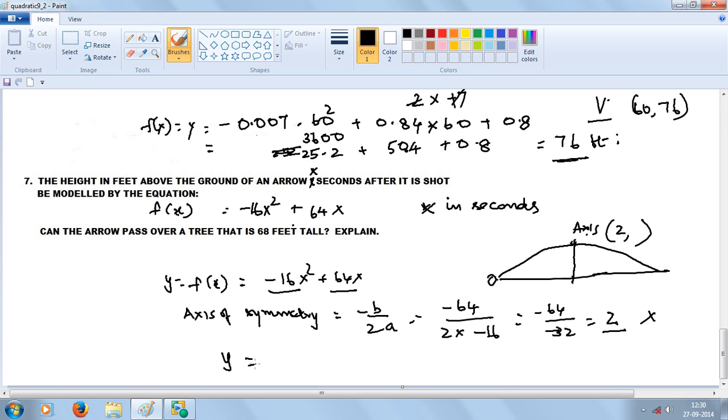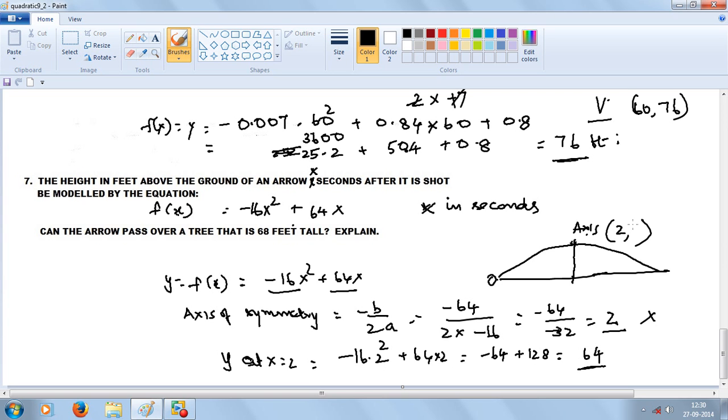y at the vertex, at x equal to 2, is equal to minus 16 into x squared, 2 squared, plus 64 into 2. So minus 16 into 2 squared is minus 64, plus 128, equal to 64 feet is the y.